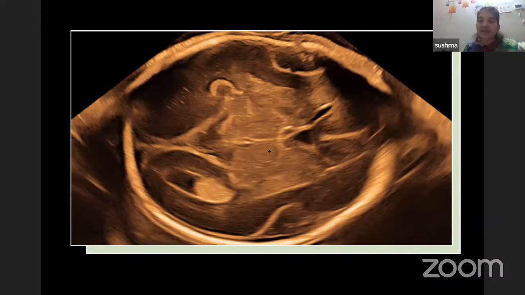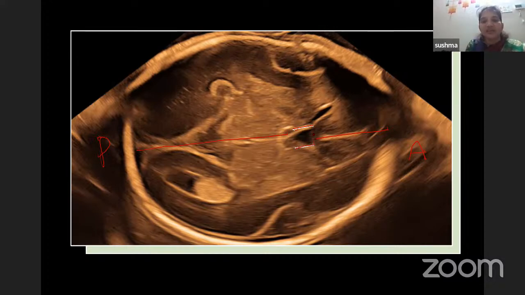This is transventricular plane. In transventricular plane, here we again have this structure that is CSP, and the midline falx that is interrupted at the junction of anterior 1/3 and posterior 2/3 by this rectangular box-like structure called CSP.